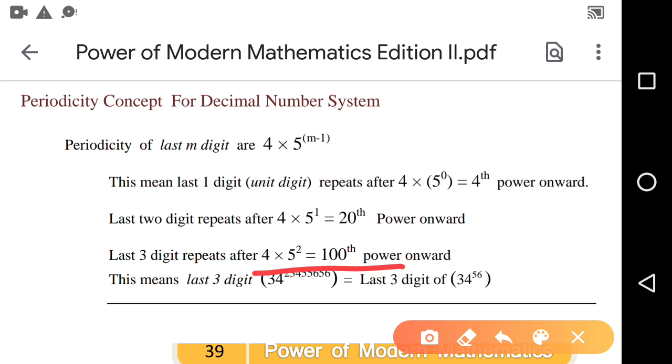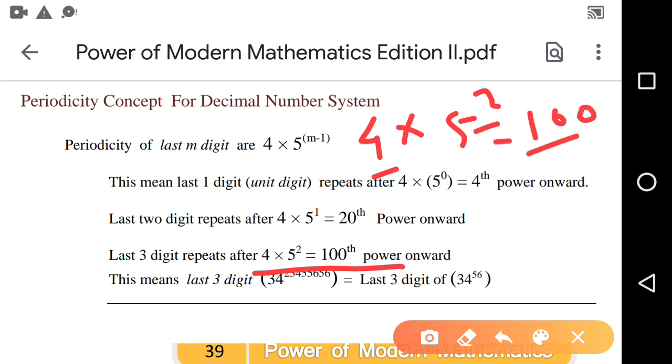Now the periodicity of the last three digits is nothing but 4 into 5 raised to 3 minus 1, that is 5 squared times 4, and that is nothing but 100. So the last three digits repeat after the 100th power onward, friends.